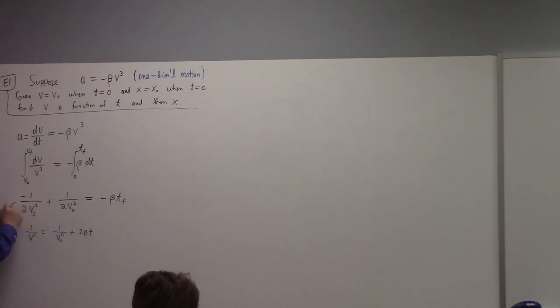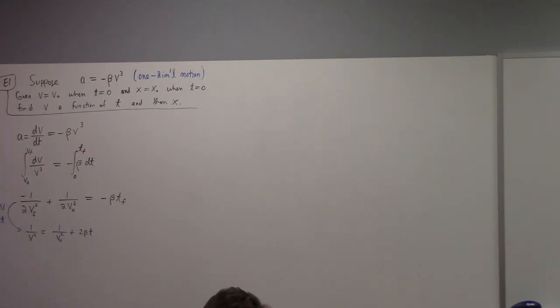Just to let you know what I'm doing here, I'm putting vf equals v, and tf equals t, and then I'm also just rearranging and multiplying by 2, right? We're doing the fundamental theorem of calculus here, with the integral: the final value minus the initial value. So minus a minus is a plus, yep. So then, it's all good.